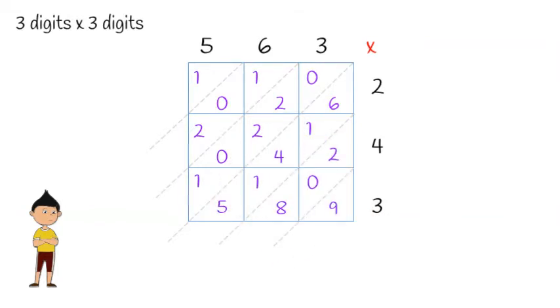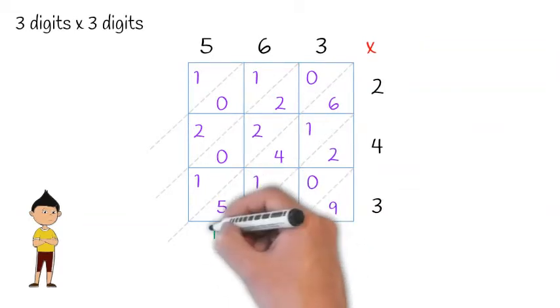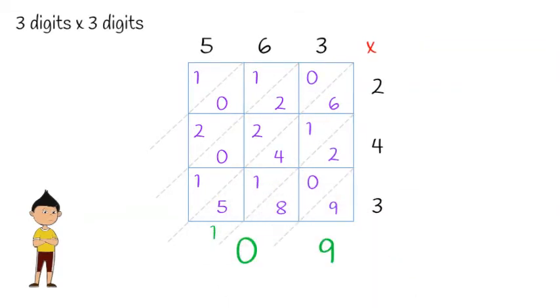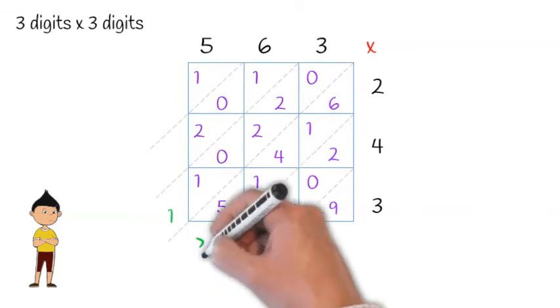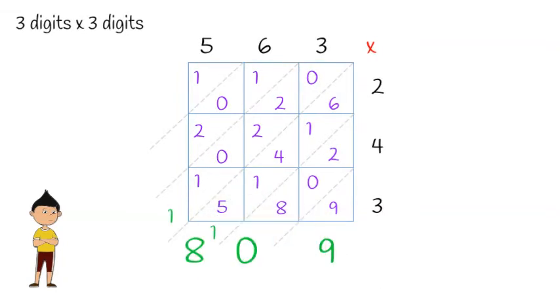Now we need to add up along the diagonals. So underneath the first diagonal we just have a 9. Then we have 2 plus 8 plus 0 equals 10. 0 down, carry the 1. Then we have 6 plus 1 plus 4 plus 1 plus 5 plus the 1 we carried is 18. So that's 8 down and carry the 1.